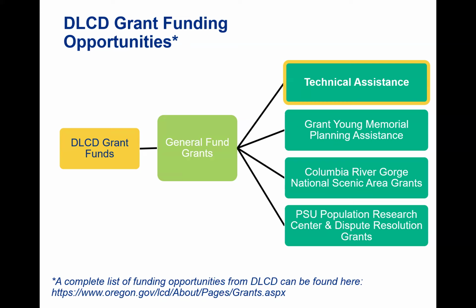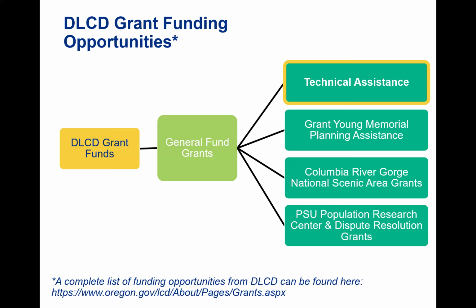That's already been ongoing. We also give special grants to the 3 counties in the Columbia River Gorge National Scenic Area to do planning related to the National Scenic Area, which provides additional burdens or requirements on those 3 counties to do planning to protect that area. And finally, we give grants to the Population Research Center at Portland State University, which does population projections for the state, and also a small grant for the dispute resolution program.